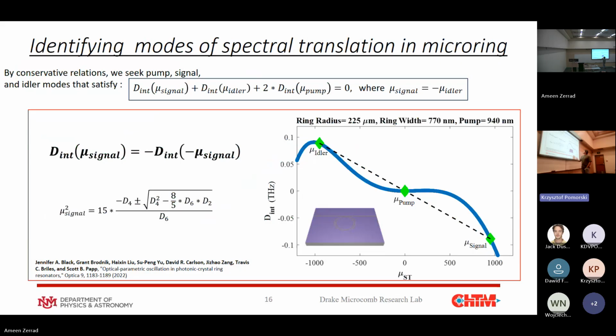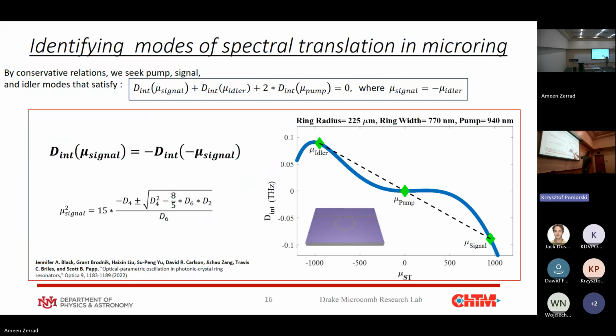And so to phase match, we require that the signal be equal and opposite to the idler mode. And to frequency match, we impose this antisymmetric condition on D_int of mu signal and D_int of minus mu signal. So what does that mean? For modes that allow for spectral translation or can achieve four-wave mixing, it requires that from the pump mode, the idler and signal modes must be equidistant from the pump, but they also must be equal and opposite.